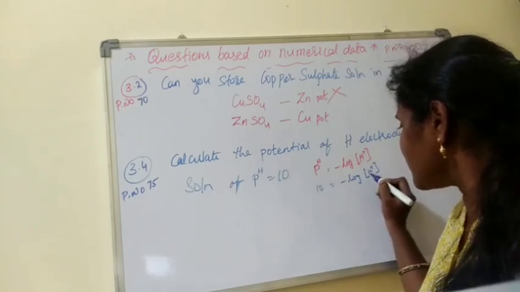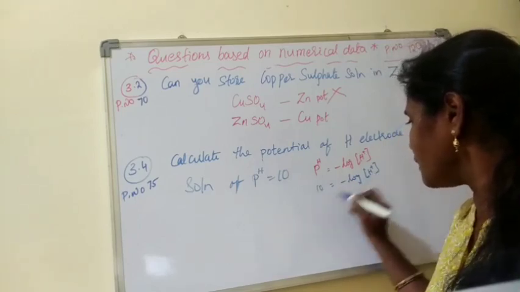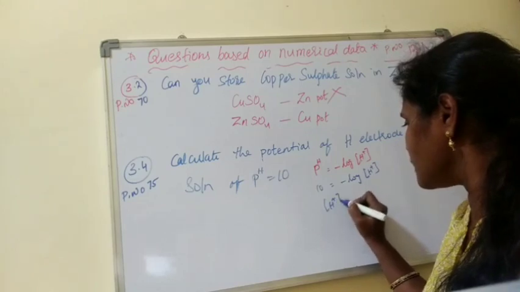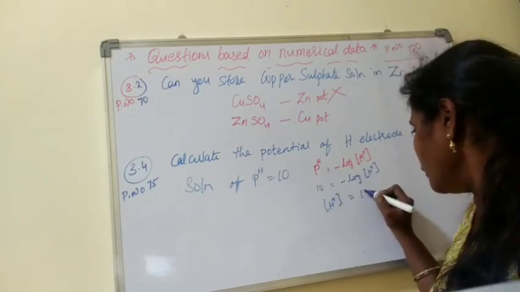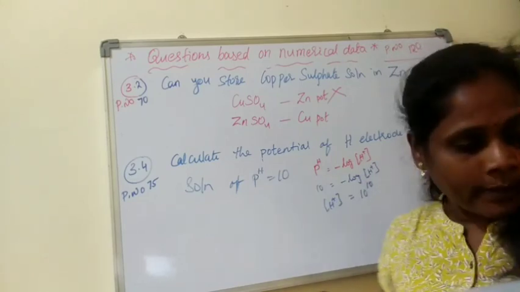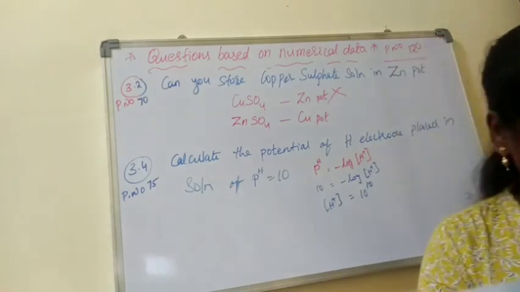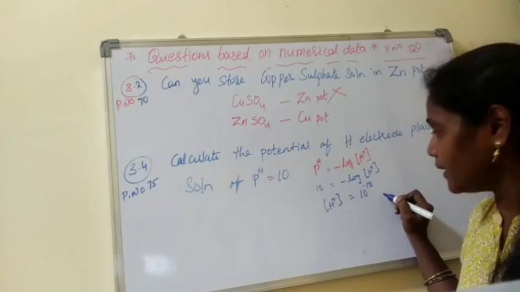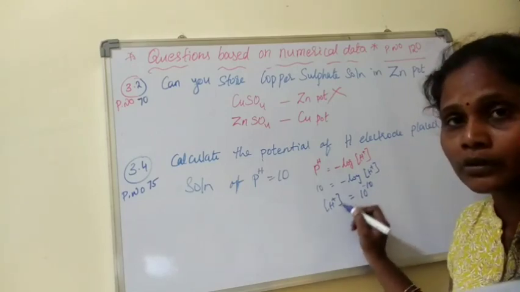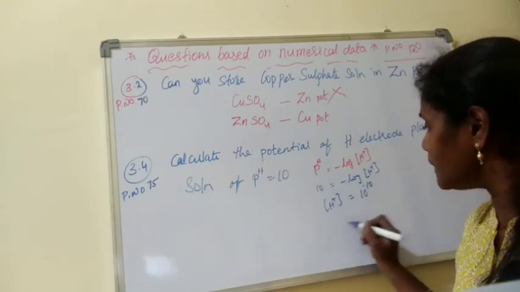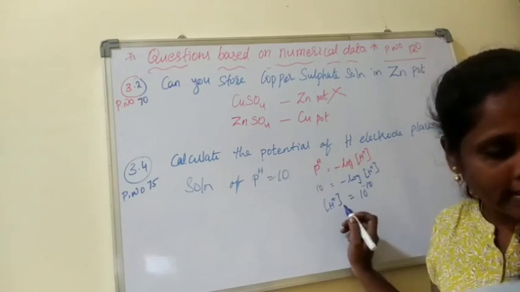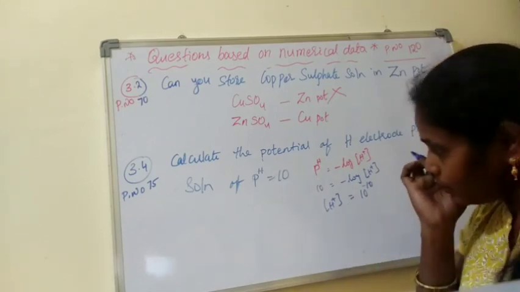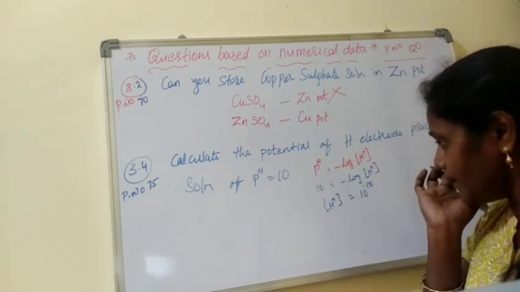Then what is the H plus ion concentration? It will be 10 to the power of minus 10. Clear? You work it out and solve this, and you will get H plus ion concentration as 10 to the power of minus 10. Right?